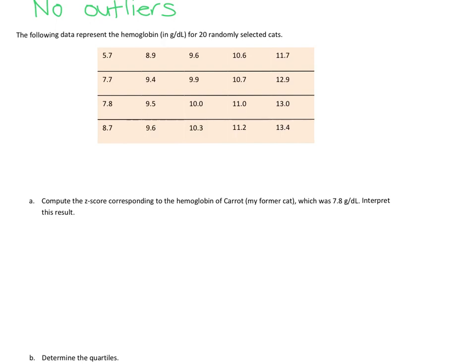For the z-score, you need the mean and you need the standard deviation, and those aren't given. So what do you think your first step should be? That's right. You guys are going to want to do a 1-var stats to get the mean and the standard deviation. Okay, so go ahead and pause this, and then I will write out the solution, and then you can come back and push play to see how you guys did.